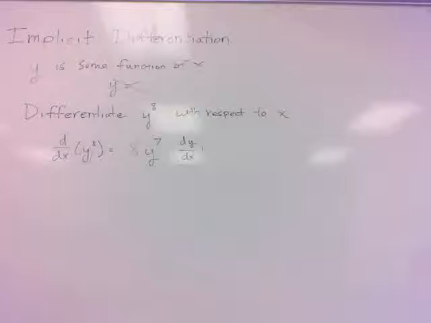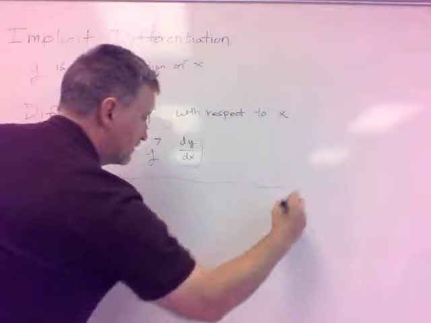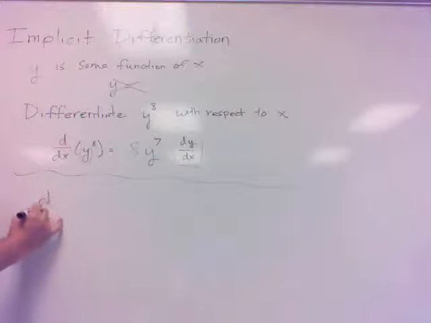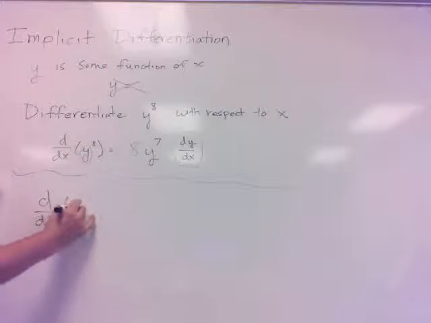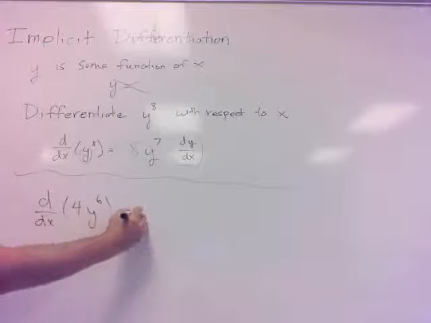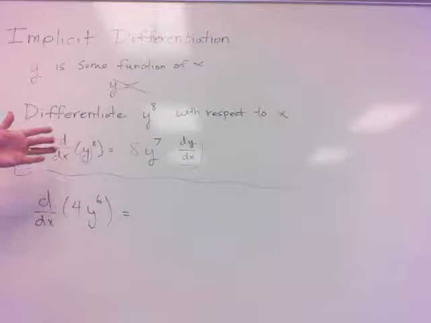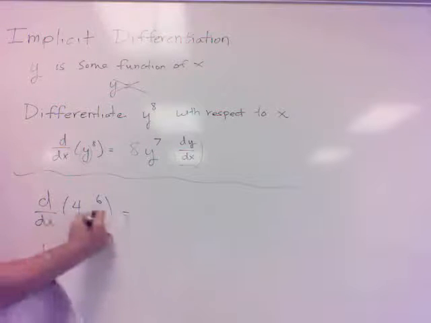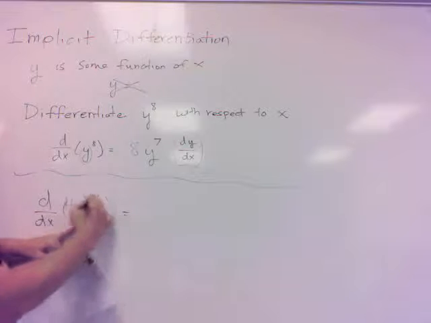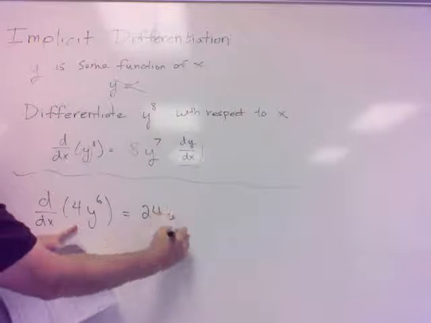So here's another. What would the d dx of 4y to the 6th be? Doing the derivative with respect to x of 4y to the 6th. Same thing, isn't it? Power rule. Power rule would give me what? 6 times 4 would be 24, y to the 5th.